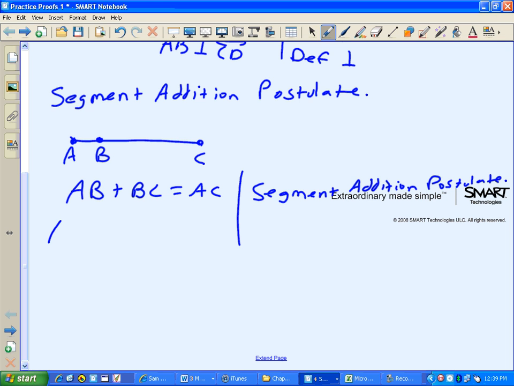There's also the angle addition postulate, which is pretty much the same thing.